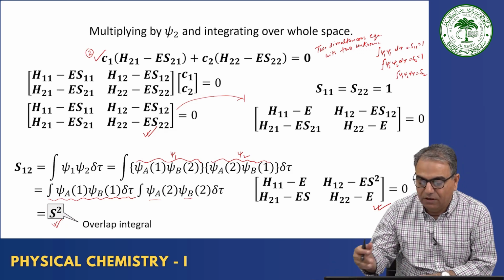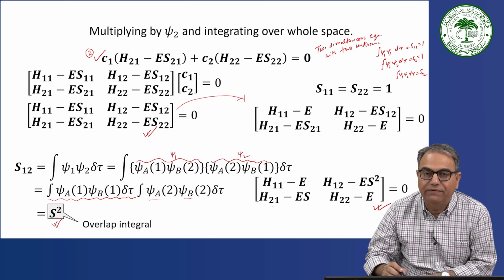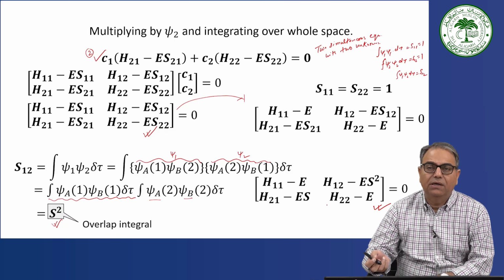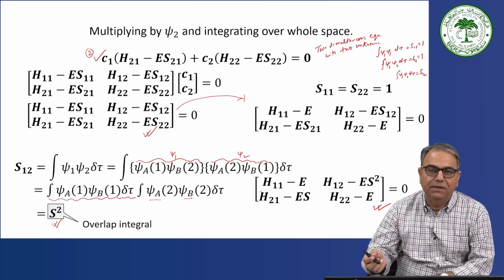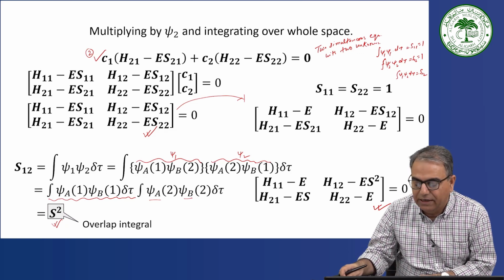Now from this determinant you can say that H12 and H21 will be interchangeable, and H11 and H22 will be interchangeable because both are hydrogen atoms. The first and second hydrogen atoms, A and B, are just a distinguishing designation, otherwise both are hydrogen atoms, so we can take them as the same.